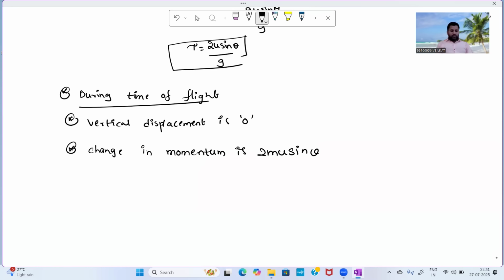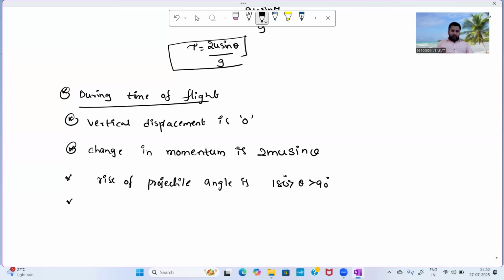Some more points we need to remember, like the angle between velocity and acceleration during the rise and fall of the projectile. During the rise of the projectile, the angle goes from 180 degrees to 90 degrees.